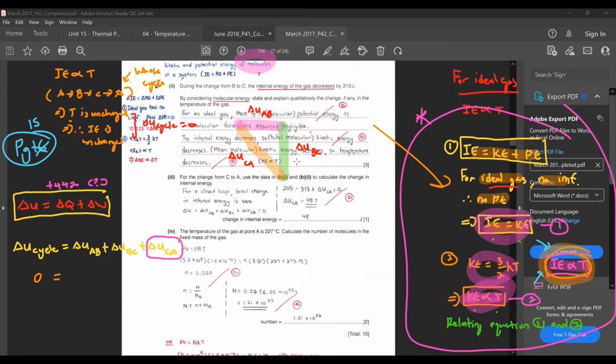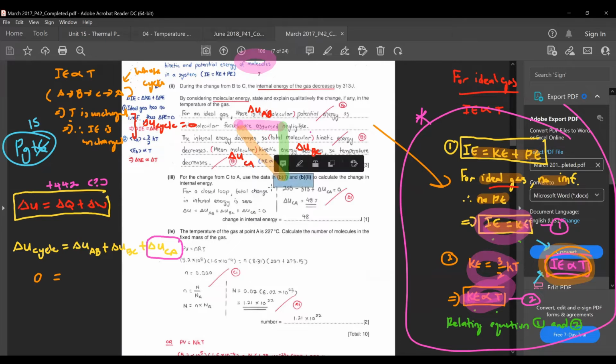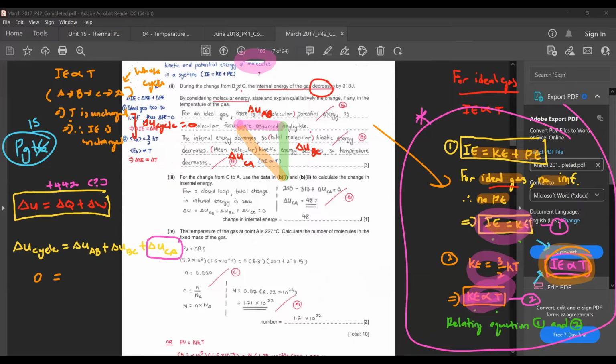You actually already know this. You see, they ask you to use data from B1 and B2. If you look at B2, they already tell you internal energy decreases by 313 joules. So the fact that this one is a decrease for change from B to C already tells you delta UBC is going to be negative 313, indicating it's a decrease.